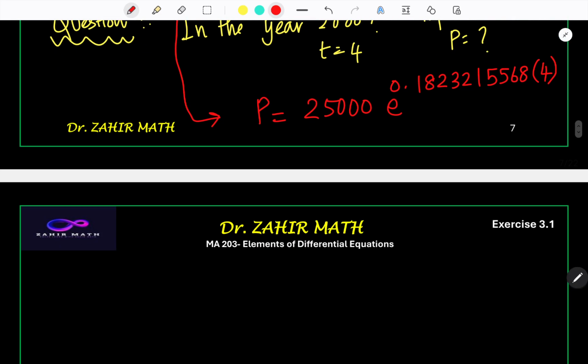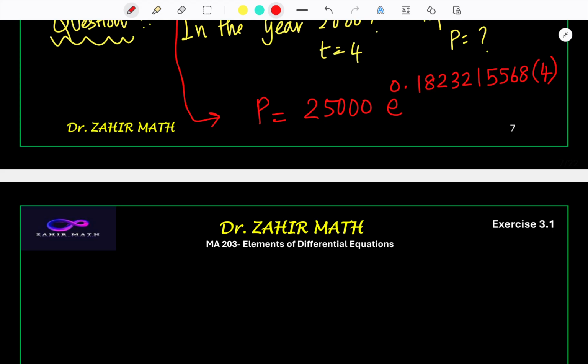Let us start putting this in the calculator. You need to put x: alpha x, alpha equal, 25,000, alpha e power, and then 0.18232155668 multiplied by 4.